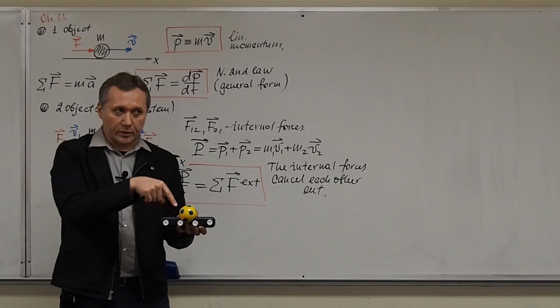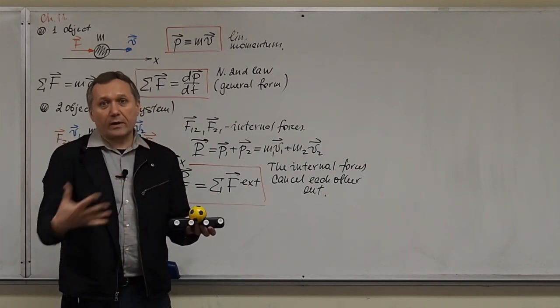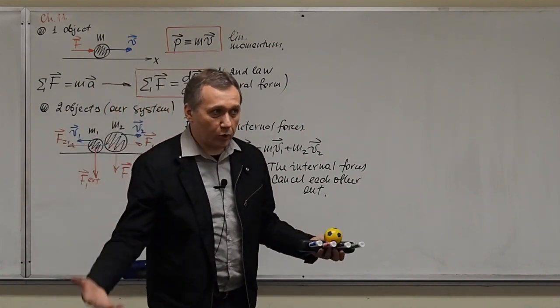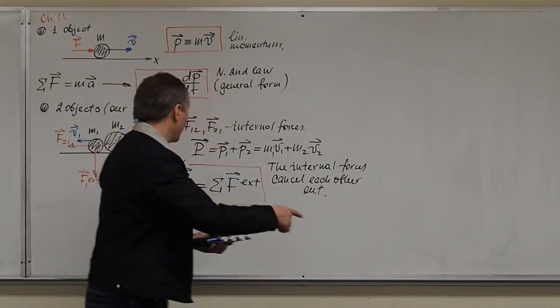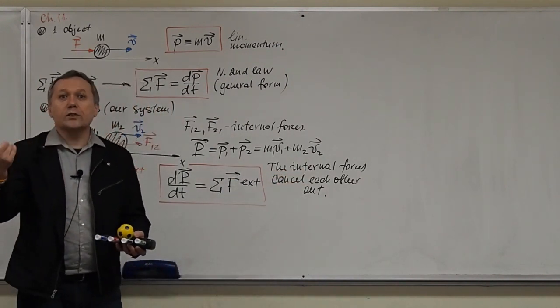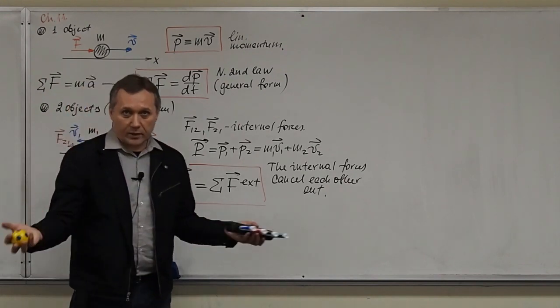As a result, this object is going to lie like this forever and ever. It is not going to start moving by itself, because internal forces every time cancel each other out. So only external forces. If I apply my external force, of course the object will start moving.